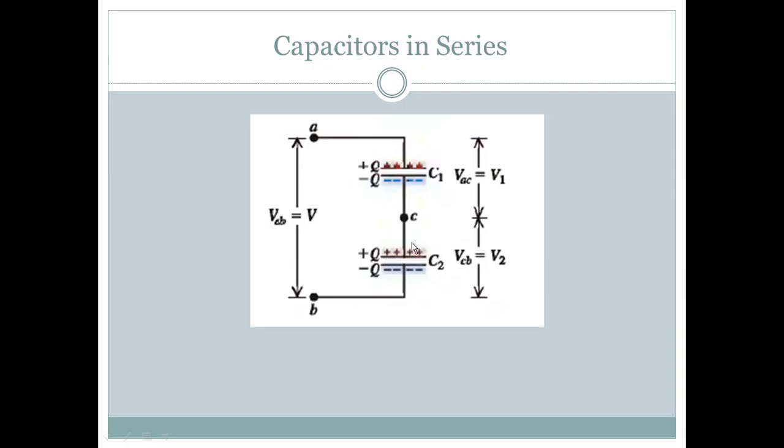Since the upper plate of the second capacitor would have a positive net charge, positive Q, this positive charge would attract electrons on the lower plate by induction, pushing away the positive charge in this direction, thus having a negative net charge on the lower plate of the second capacitor.